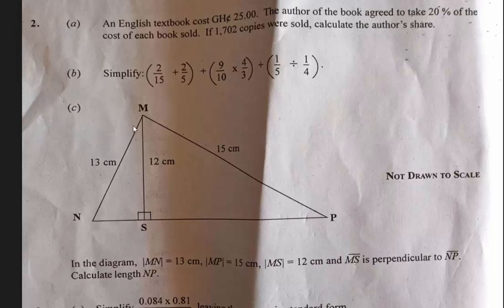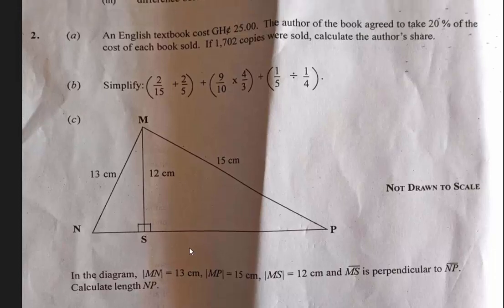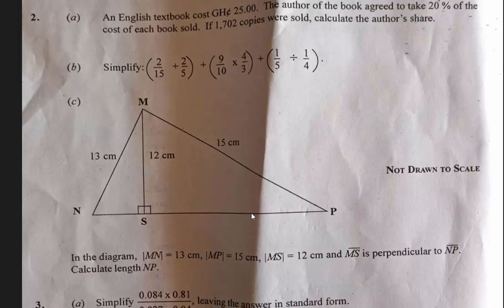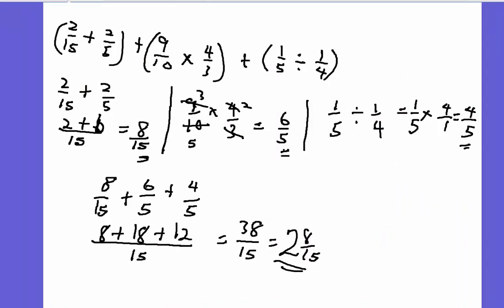Then MP is 15. Then MS is 12. MS is perpendicular to line NP. Therefore, the question is asking us to calculate the length of NP. Where is NP? Yes, from N all the way to P. Good. So let's go to the board, then solve this question.